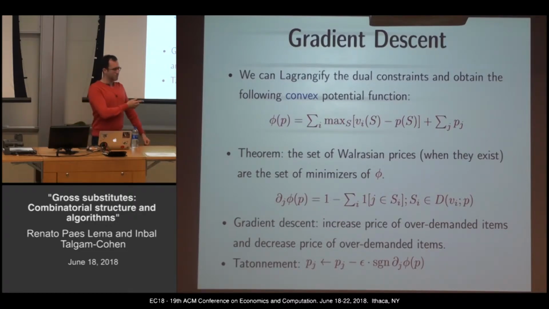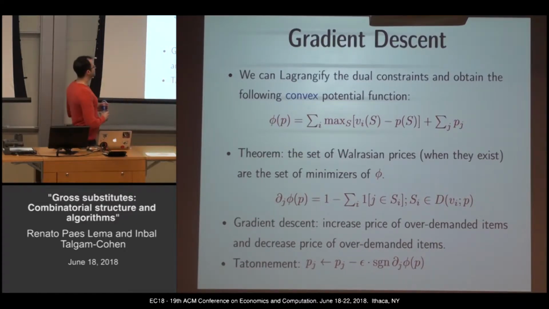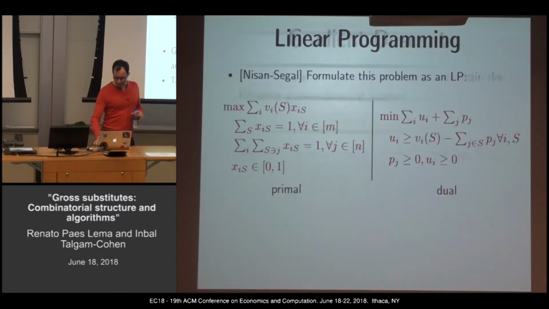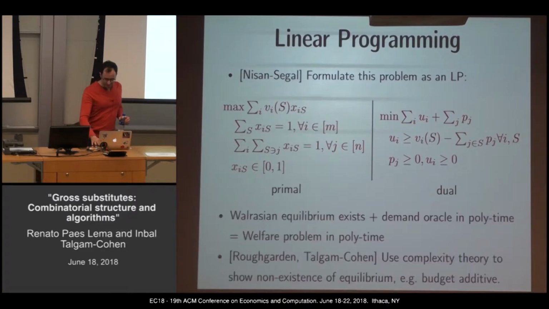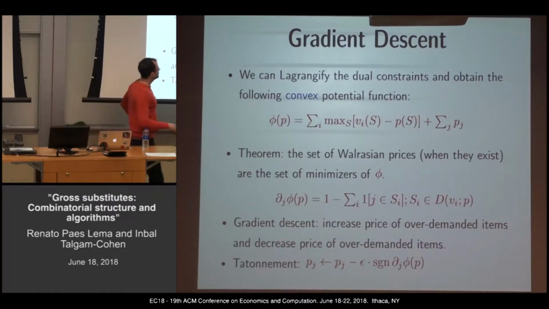So where I'm going next is actually the opposite of what you're asking. I'm pushing everything to the objective function, including the constraints, which is one technique in convex optimization: if you have constraints that are less nice to work with, let's just push them to the objective function by Lagrangifying them. So whenever you had u_i, you can just put a maximum of v_i(S) minus p(S).